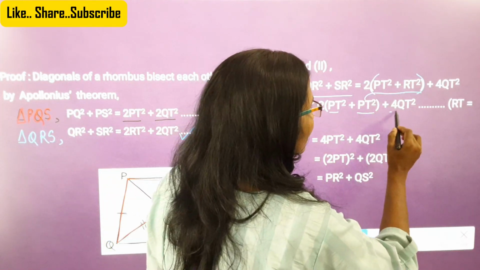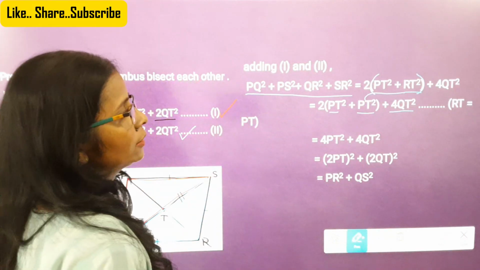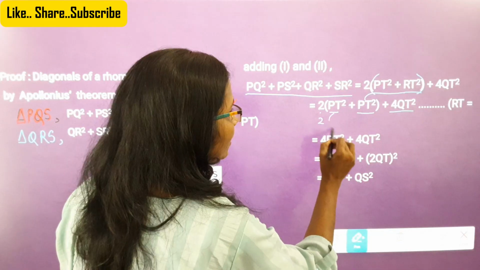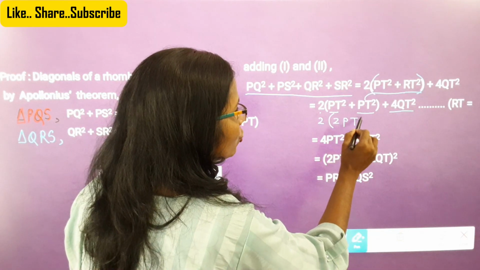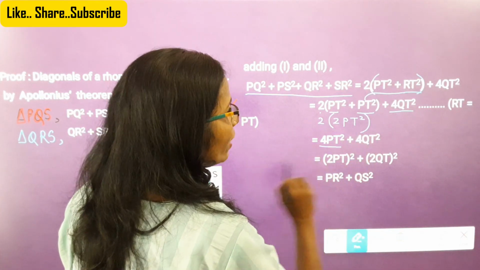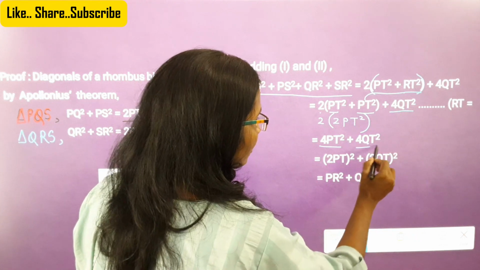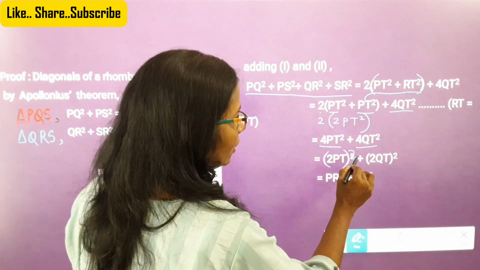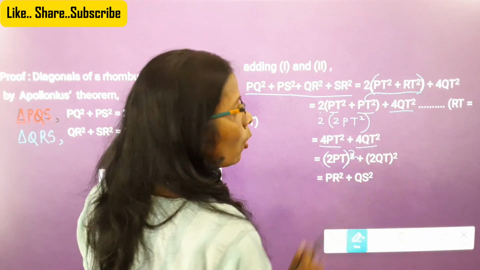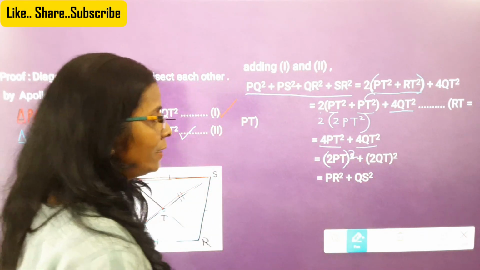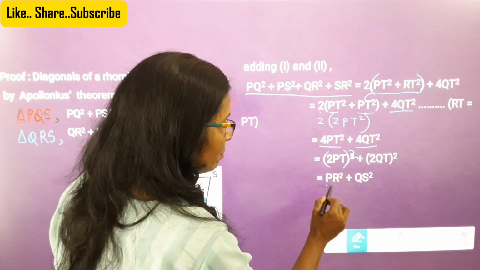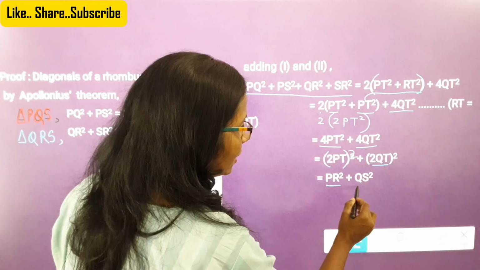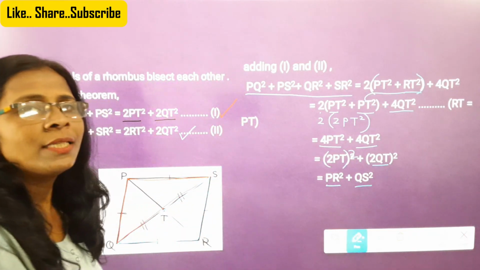So 2 multiplied by 2PT square means 4PT square, and here 4QT square. So (2PT) whole square plus (2QT) whole square, and 2PT means PR, that is PR square, and 2QT means QS, that means QS square.